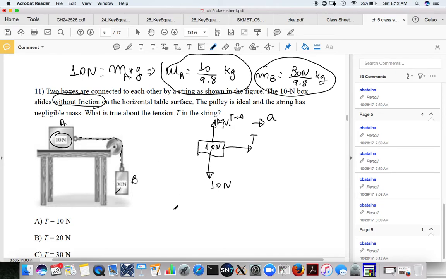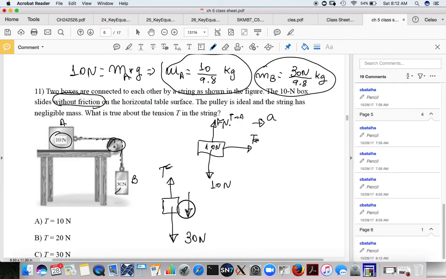See that? So if I take the 30 newtons block and I organize the forces on it, I have a tension force upward. But see, the tension force has a magnitude which is equal to this tension force. The number is the same because the pulley is massless. And I do have its weight down here, 30 newtons.